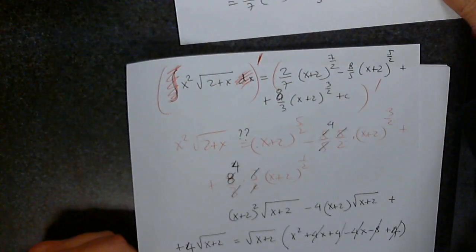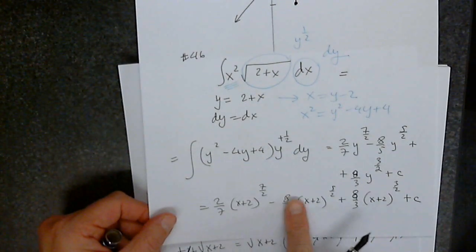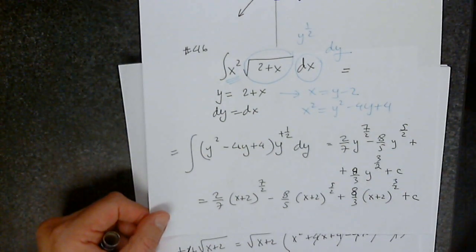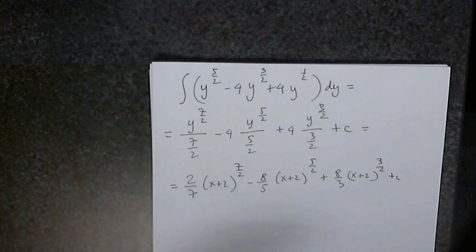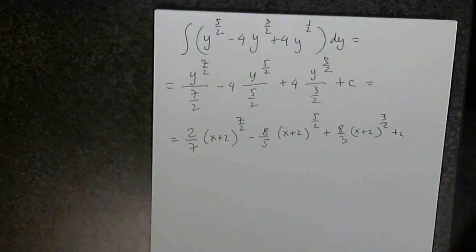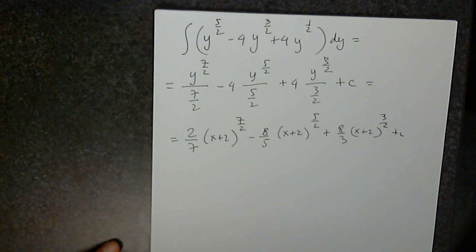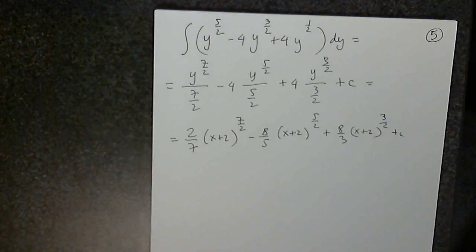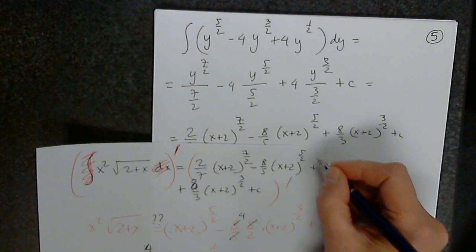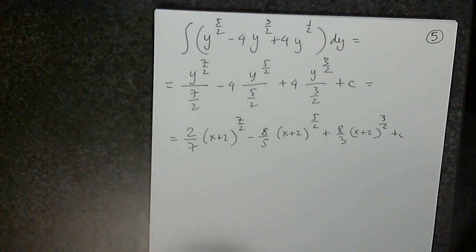So yes, indeed, we have no doubt now that this is the correct antiderivative. This is how we check. Any questions? Anything else? Any other topic that you would say, I need to see one more of that?